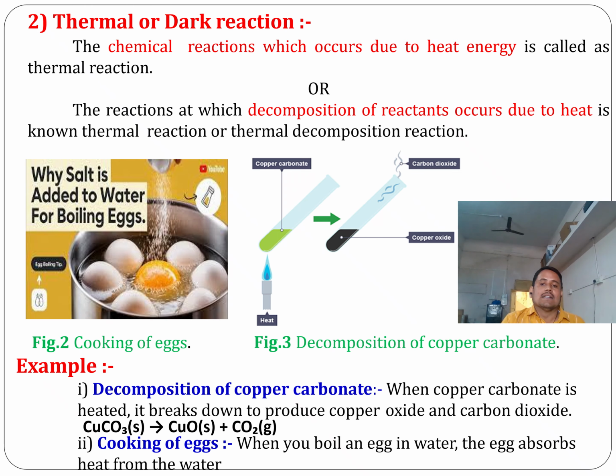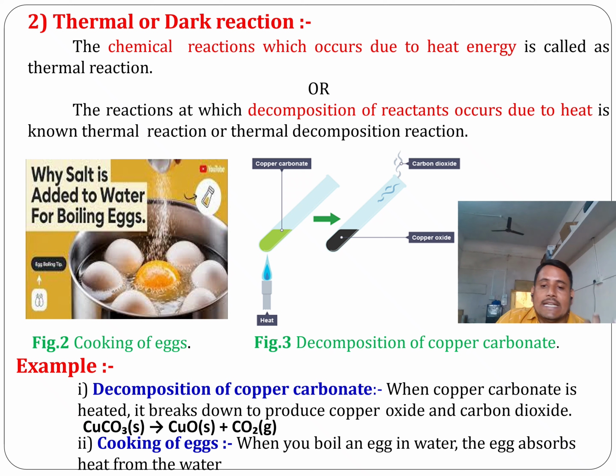Second is the thermal reaction. These are reactions which occur in the presence of heat energy. Otherwise, we can say the reaction in which decomposition occurs due to heat is known as a thermal reaction or thermal decomposition reaction. A well-known example is the decomposition of copper carbonate in the presence of heat.